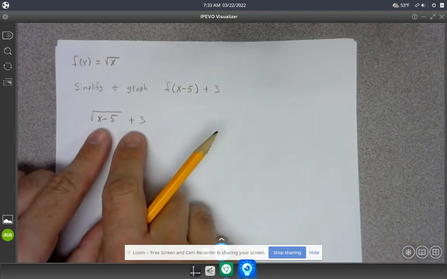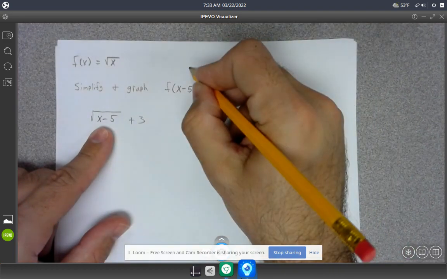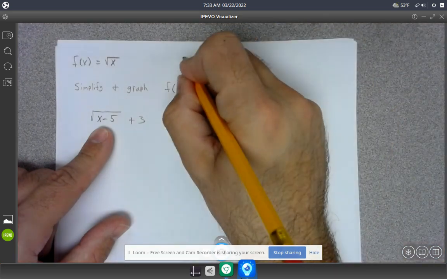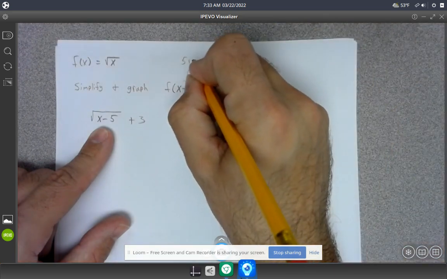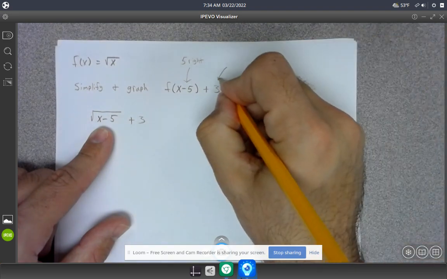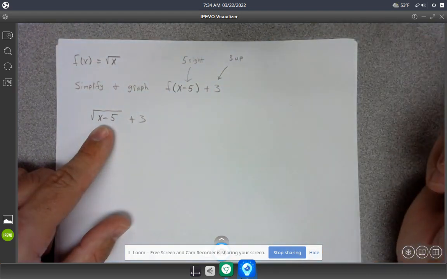And so what we want to do is we want to graph this. That's what we're trying to do. Well, if you recognize the function rules, minusing 5 on the inside, that's going to move the parent function 5 to the right. And adding 3 on the outside, that's going to move it 3 units up.